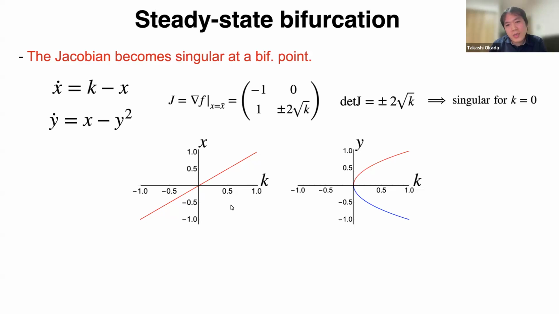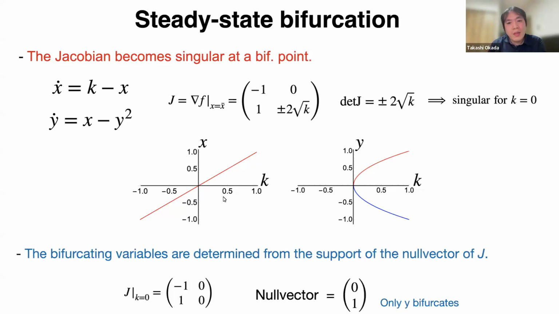These plots show the steady state concentrations as a function of parameter K. As you can see, at K equals 0, Y exhibits bifurcating behavior, and in this example, only Y exhibits bifurcation behavior, and X does not. Generally, the bifurcating variables are determined from the support of the null vector of the Jacobian. In this case, the null vector of the Jacobian at the bifurcation point is given by 0, 1. So from this, we can conclude that only Y exhibits a bifurcation.